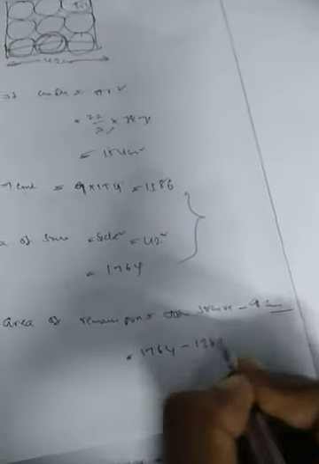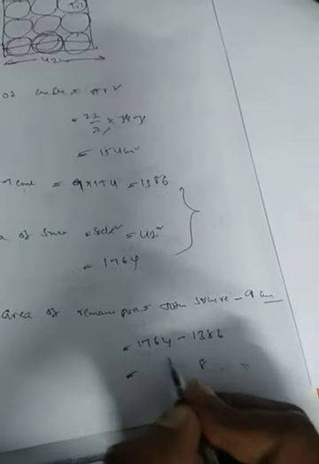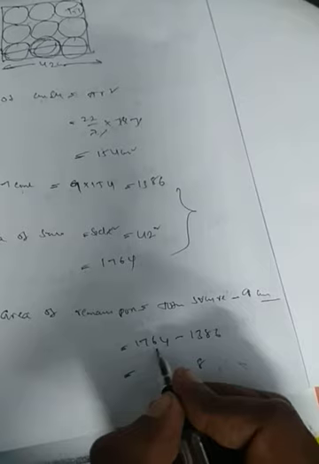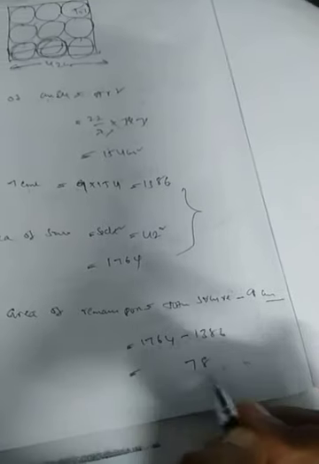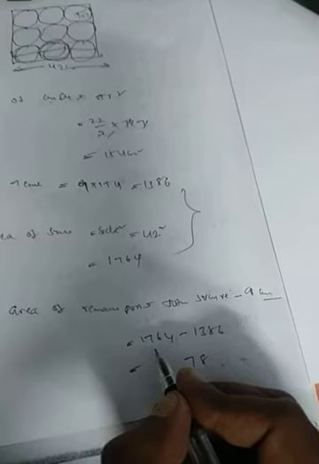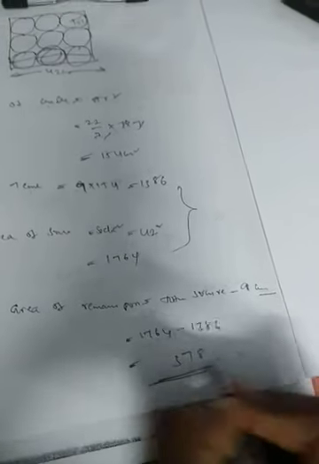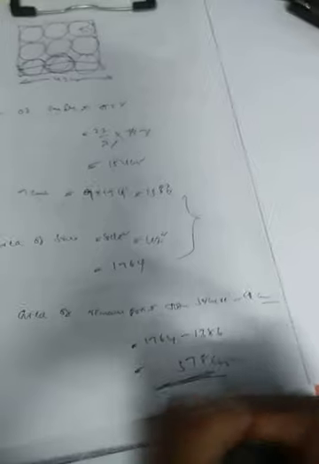What is the total area of the square here? 1764 minus, what is the area of the 9 circles here? 1386. So 14 minus 6 is 8. Next one is going to be 16, 15 minus 8 is 7. Next, how much we left? 6 minus 3 is 3, minus 1 is 378 centimeters square.